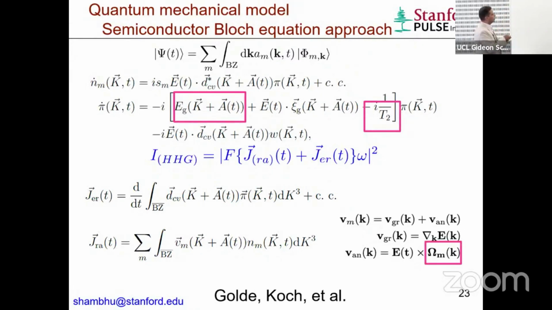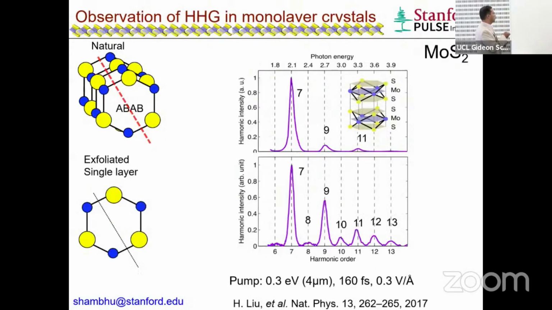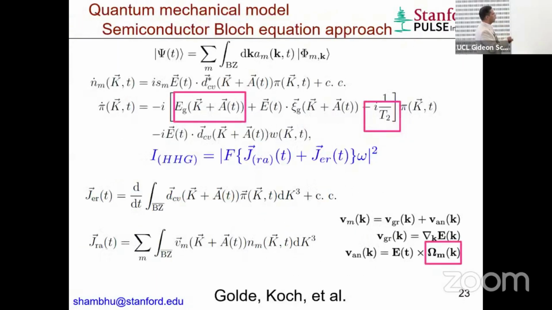You don't need to go through everything, but get the idea that this is what we measure, the intensity of the harmonics, which is typically the combination of the intraband and interband emissions. But these parameters are there.